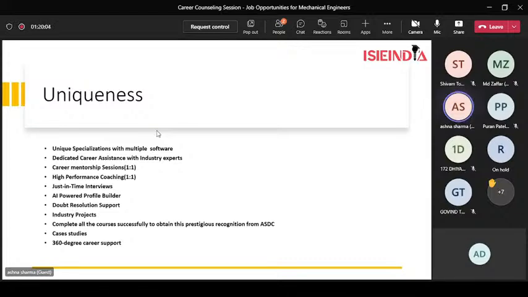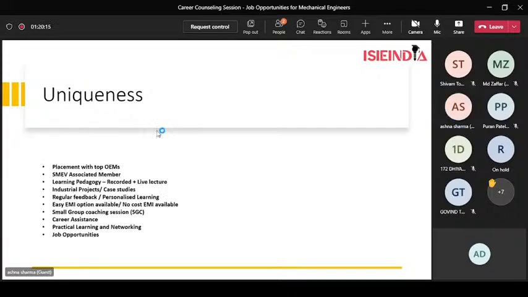Case studies are live right now. 360-degree career support, just-in-time interviews, and high-performance placement with top OEMs, FMSCI associate membership, learning pedagogy with recorded plus live lectures, industrial projects, case studies, regular feedback, personalized learning, career assistance, practical learning and network, and job opportunities.